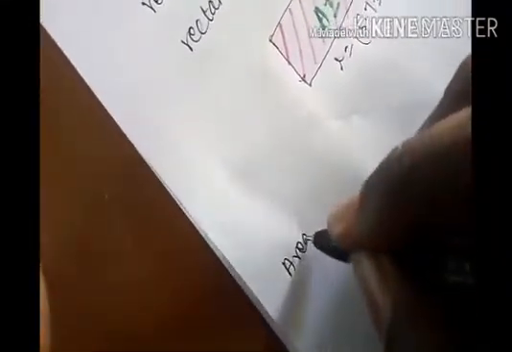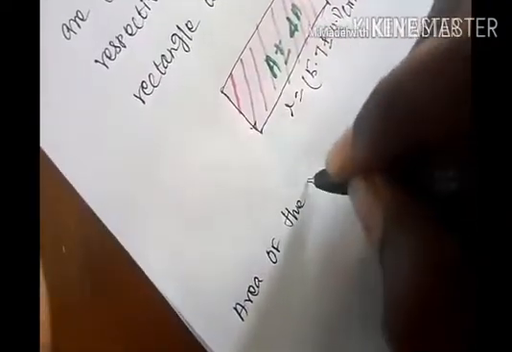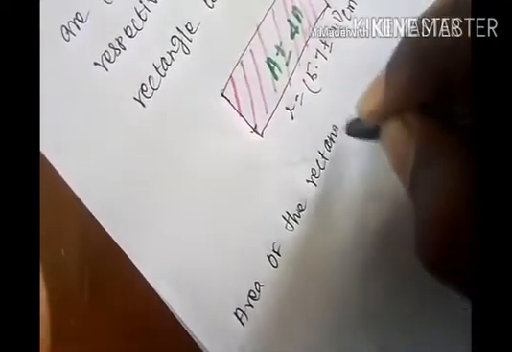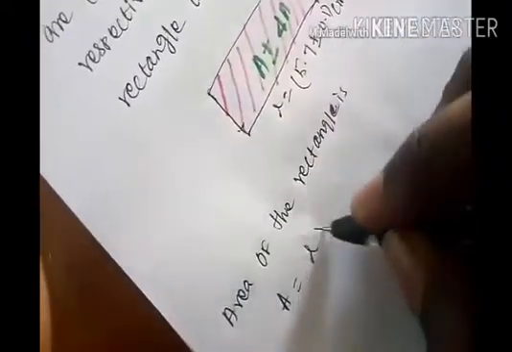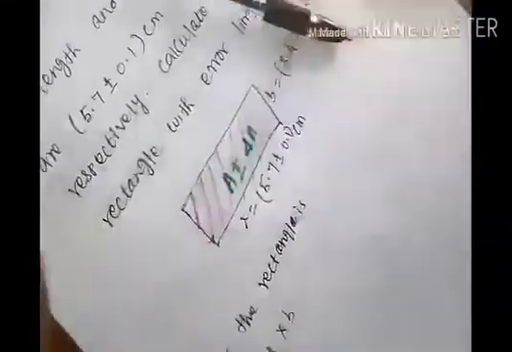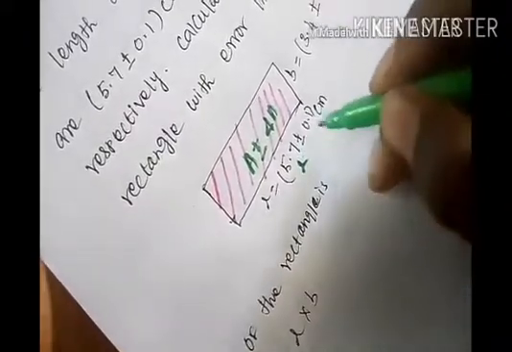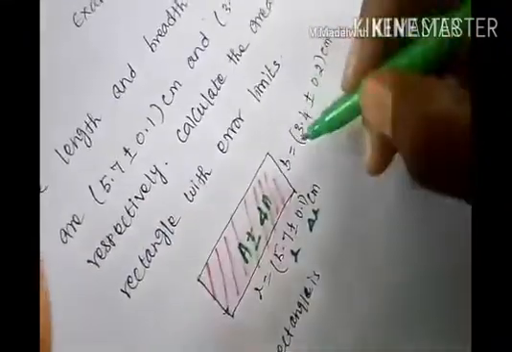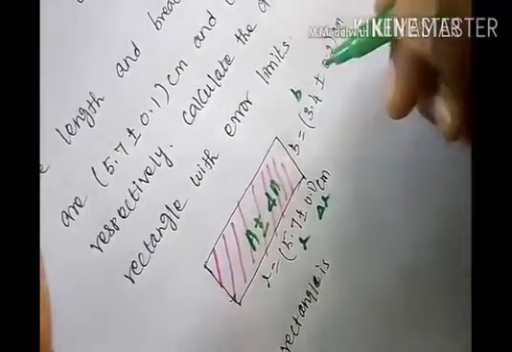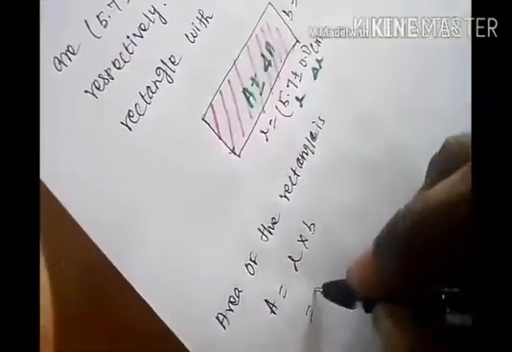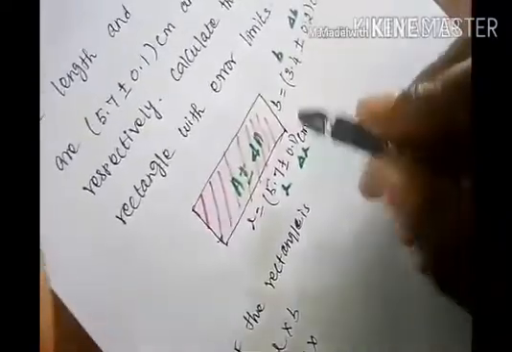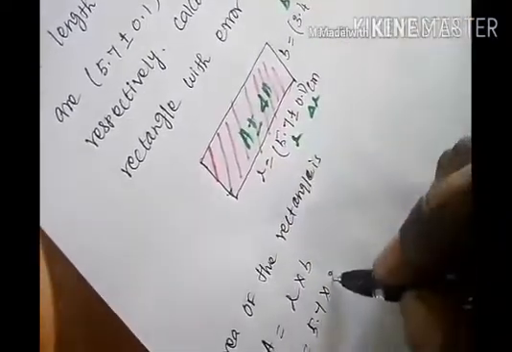The area of the rectangle is A equal to L into B. This is our measured length L, with some error delta L, and the measured breadth is B with some error delta B. So the L value is 5.7 into the breadth value B, 3.4.